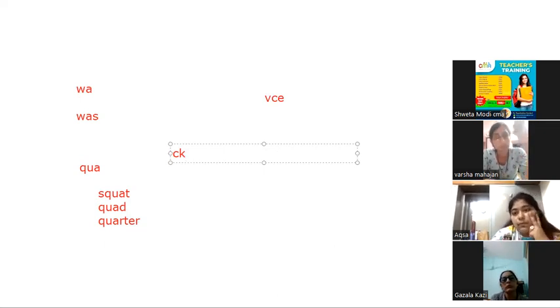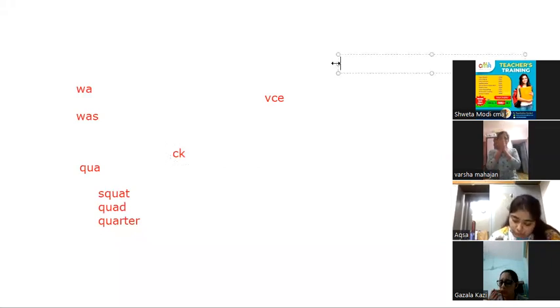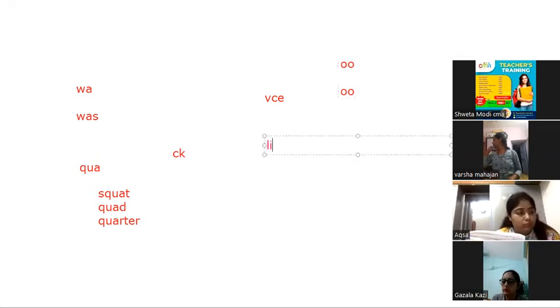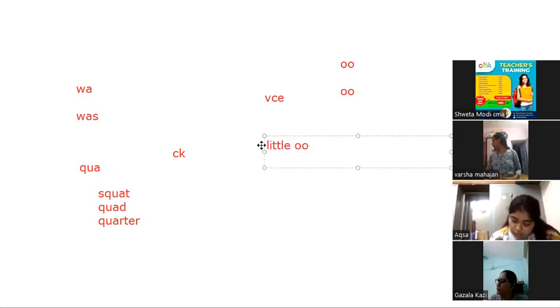Now there are so many questions about when to use double O, little oo or long oo. We generally have this in our mind: how will the child know whether it is little oo or long oo sound? Little oo sound is mostly found when words end with K and D, like look, took.